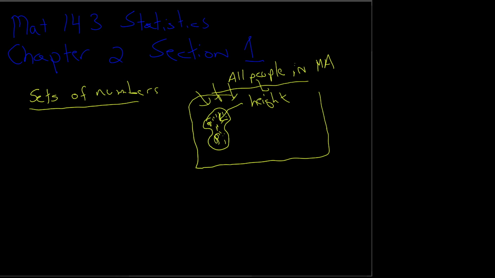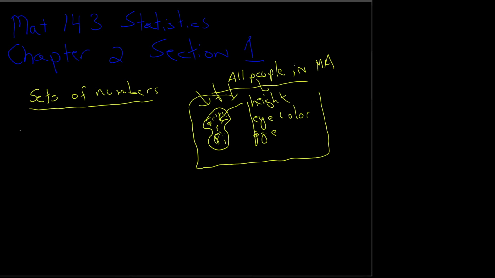And in that, our measurements come in different ways. So of all the people in Mass, I could look at their height. That could be one variable of interest. But also look at their eye color or age. There are different variables of interest I could grab or measure if I had a sample. And one of the things that happens is the numbers we have invented have different purposes.